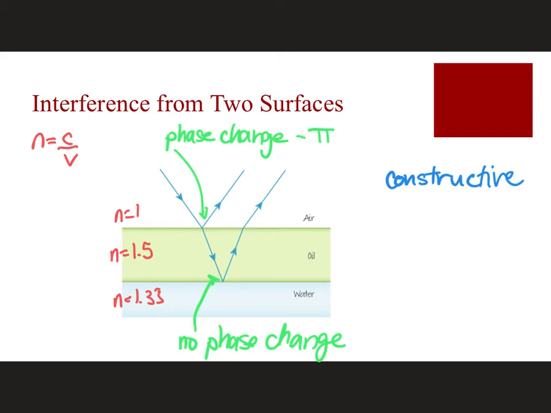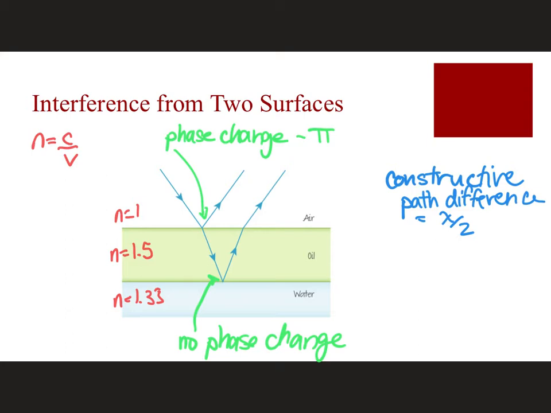That means I need to consider how far of a path difference do I need in order to get them back in phase. And in this case, I have to make up for that one phase change, which means I'm going to have my path difference be lambda over 2. If this ray here travels a distance of lambda over 2, then when it gets back to this surface, I'm going to have it back in phase with this ray here, and I will get constructive interference.